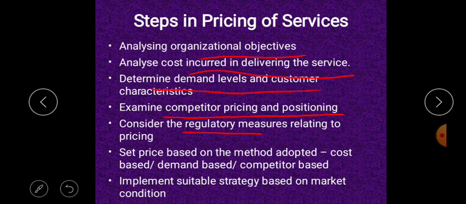Then you have to check the regulatory measures relating to pricing. That is, what are the laws or regulations that the government has set for pricing. For example, in the recent COVID scenario, the government has fixed the price of CT scan, that is HRCT, as 2500.